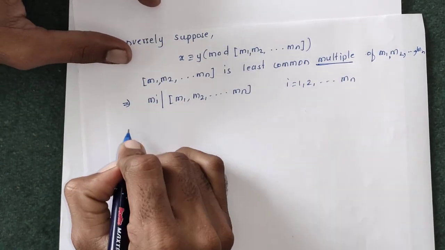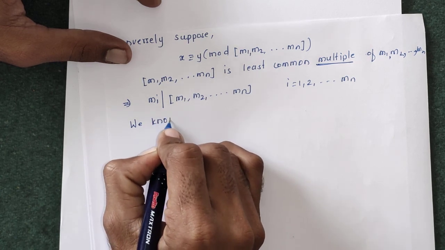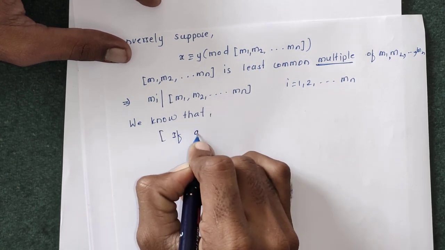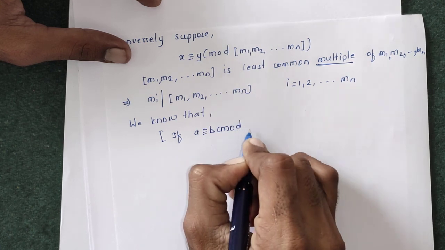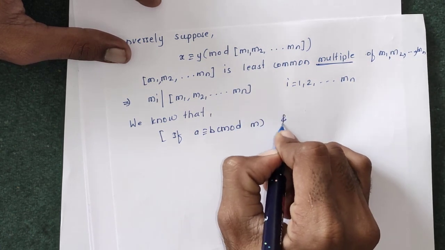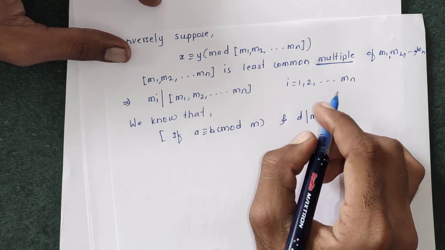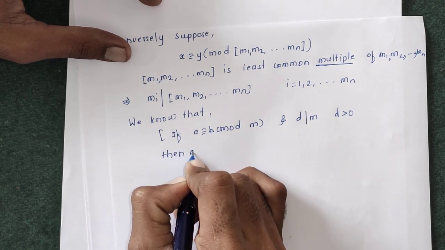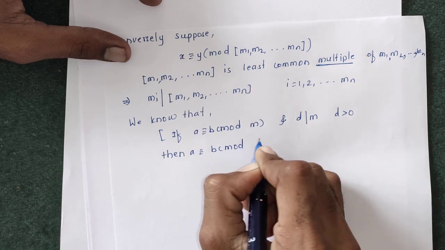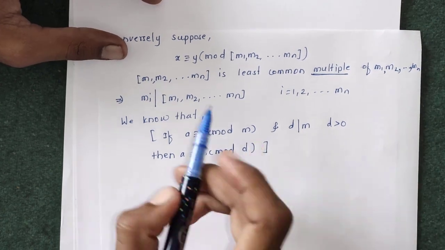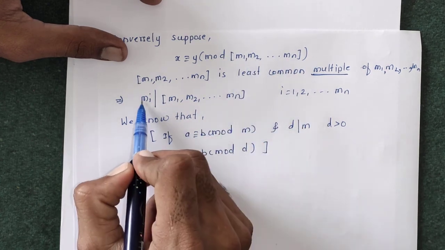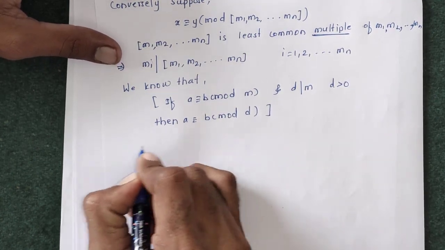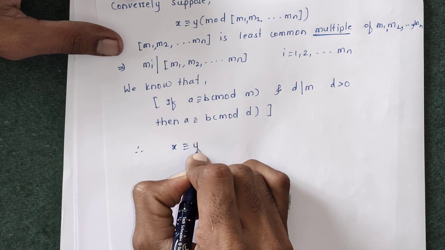Also we know the result: if A is congruent to B modulo m, and D divides m, where D is a positive integer, then A is congruent to B mod D. By using this result, here x is congruent to y modulo LCM, and each mi divides this LCM, so therefore x is congruent to y modulo mi.